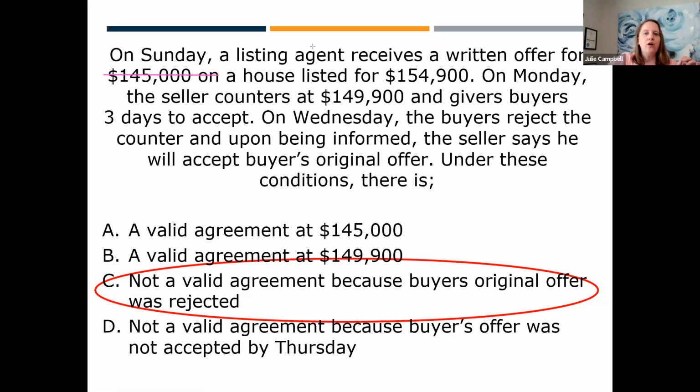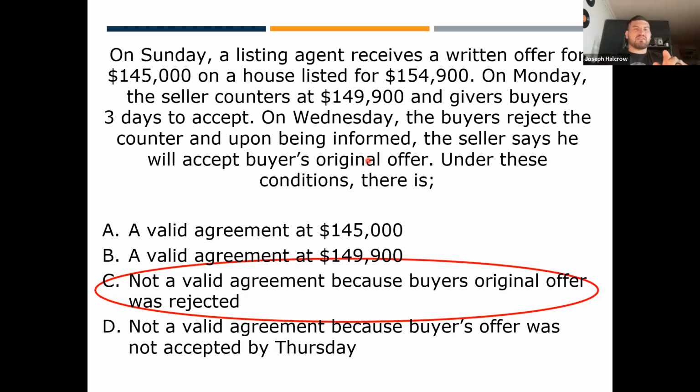Now, could the seller present a brand new offer to the buyer with those terms? Yes, they can present a brand new offer with those exact same terms. But they can't go back. Once it's rejected, it is dead on the table and there is no going back. Questions on this one?